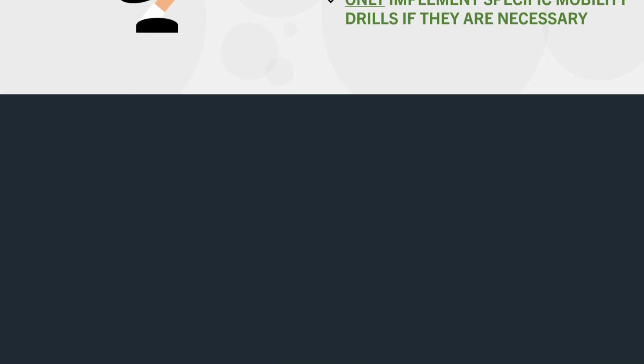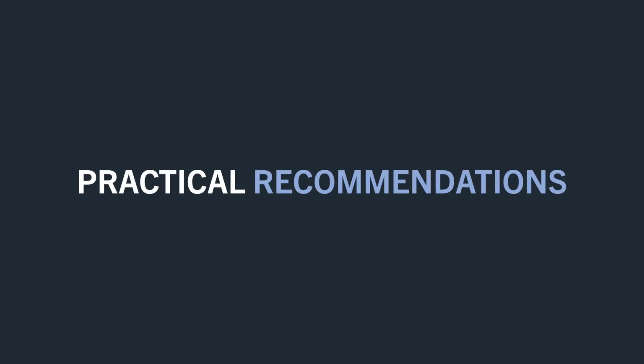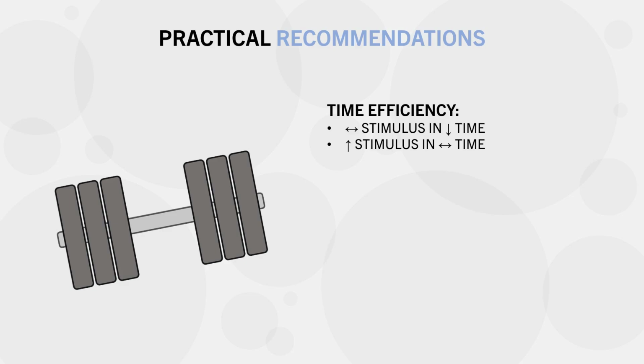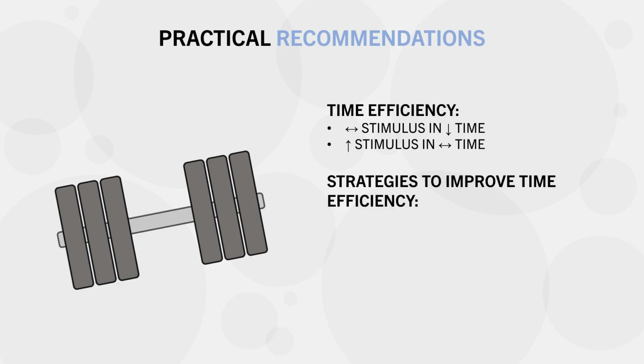So to summarize this video, let's establish some practical recommendations. Time efficiency is an important part of almost everyone's training routines. We may want to get the same stimulus in a shorter time frame, or we may want to provide a better stimulus within the same time frame. This can be achieved by manipulating certain training variables and implementing certain strategies.